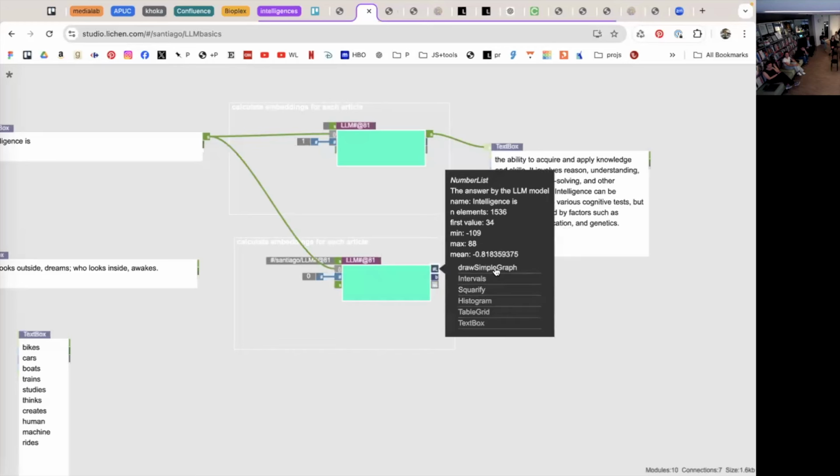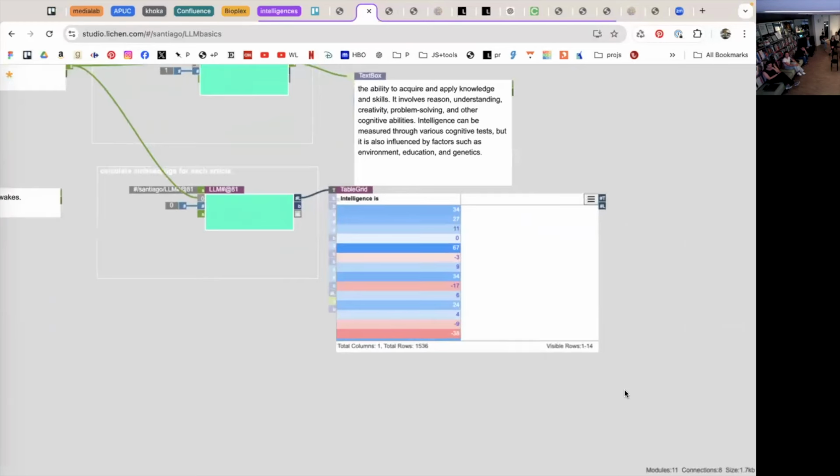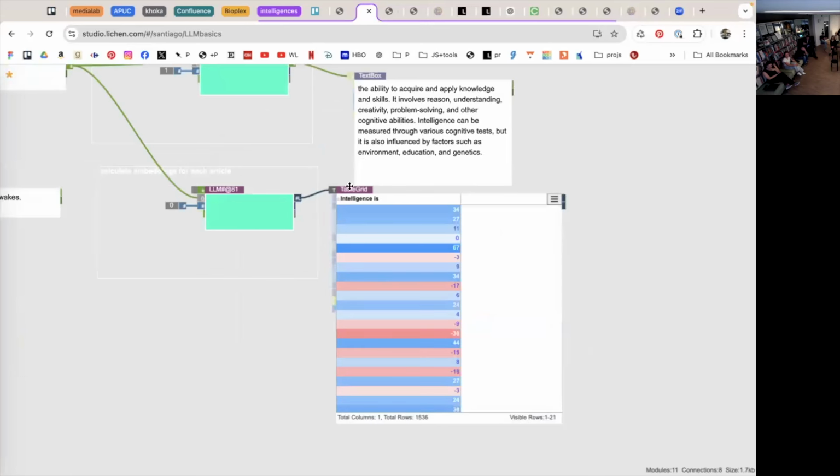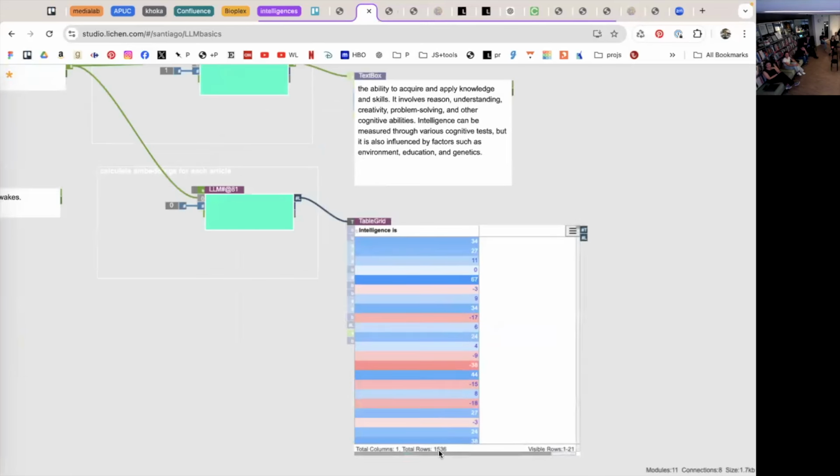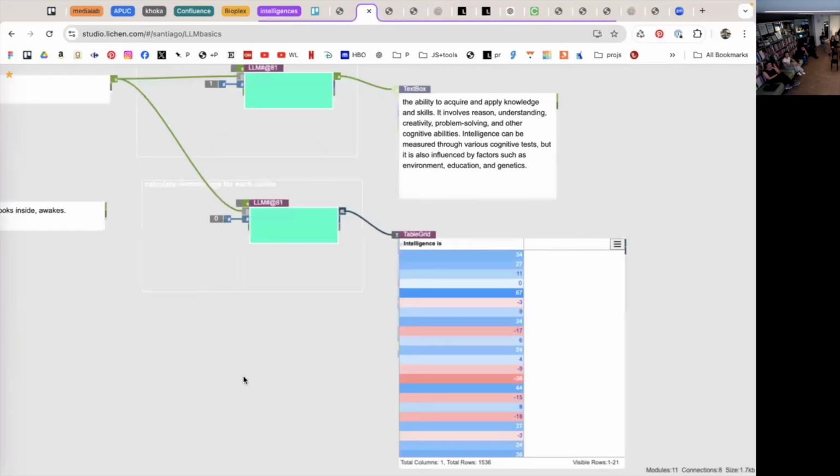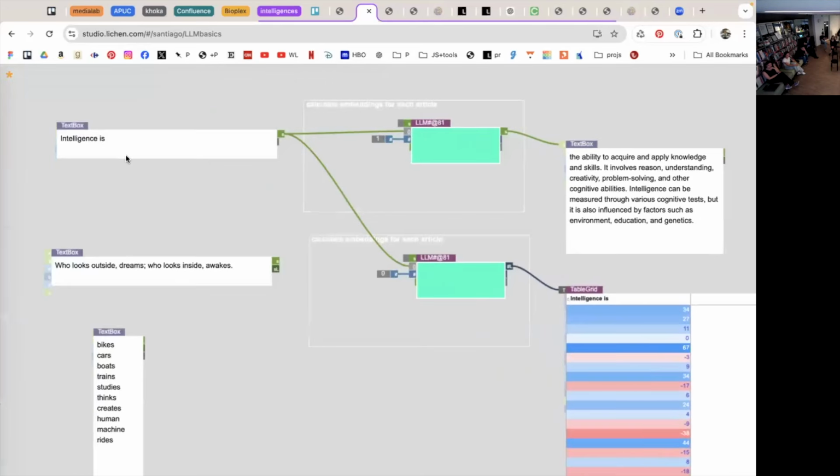So I'm going to visualize it with a regular table grid. Just numbers, and actually a lot of numbers, more than 1,500. And the interesting thing is that these numbers capture a big deal of the meaning of this over here.